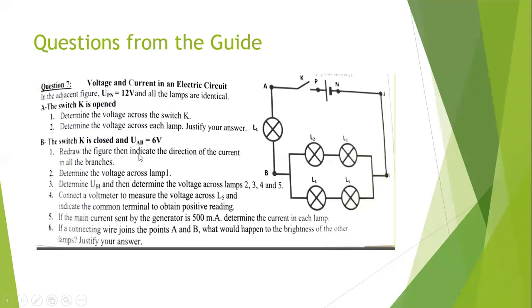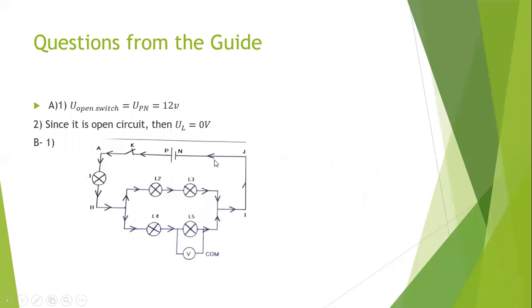Redraw the figure, then indicate the direction of the current in all the branches. Let's see here. So we have in this figure, when you close the switch, the direction of the current passing through L1, then dividing into the two branches here, for L2, L3, then to L4 and L5.